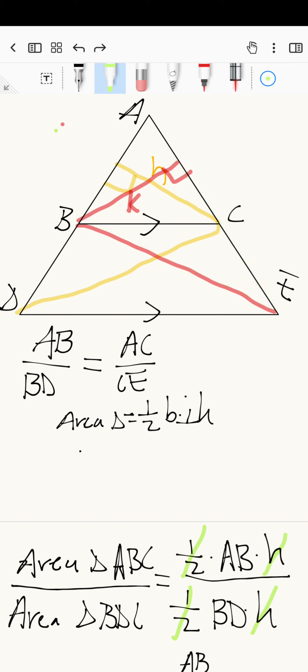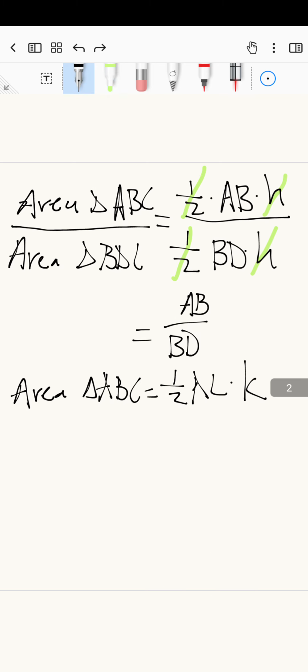So now let's get our pen back. We are going to say triangle BCE, the area of that triangle BCE is equal to, again, half. Our base, we said, was the CE, and they share perpendicular height, which is again going to be the K. Same like we did in the last one, we are going to divide these two things together.